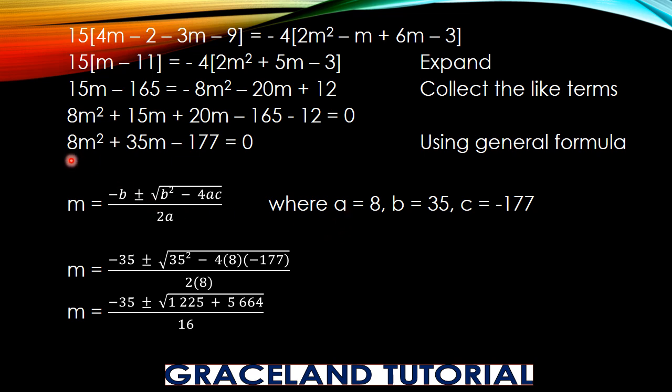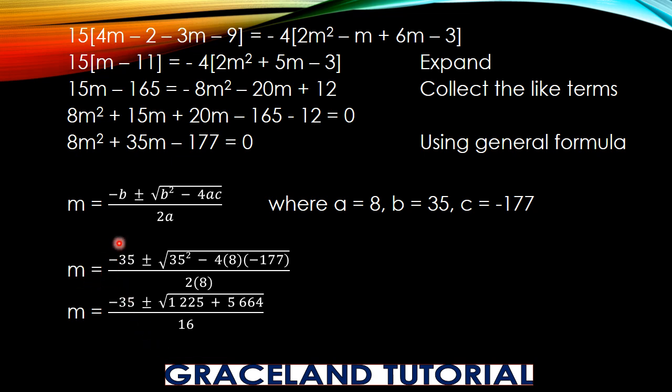where a is equal to 8, b is equal to plus 35, and c is equal to minus 177. That is minus 177.